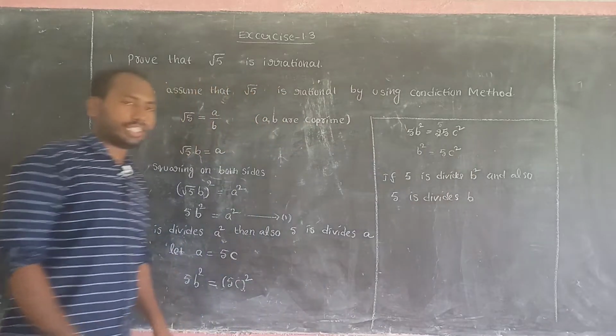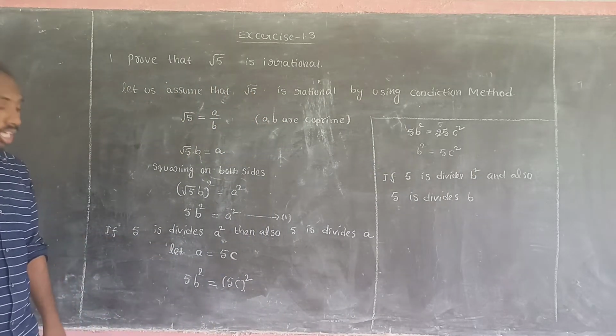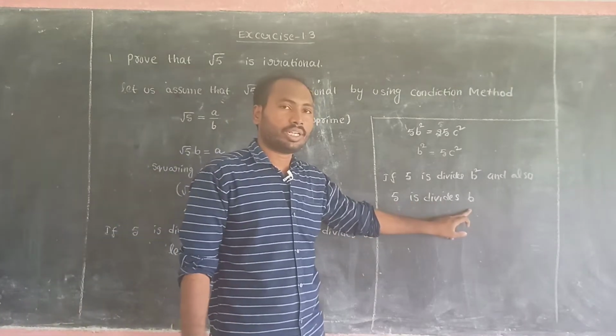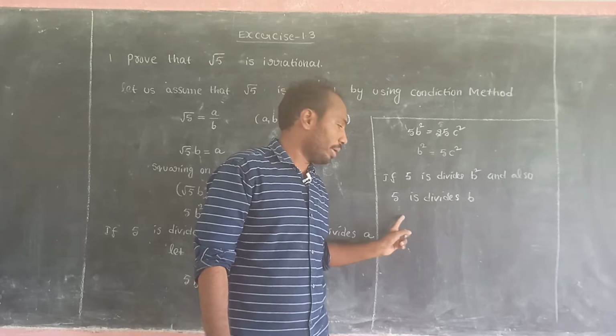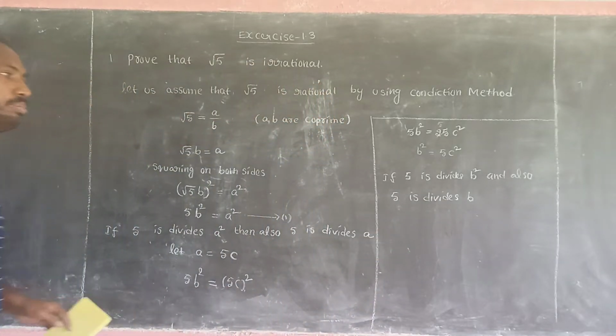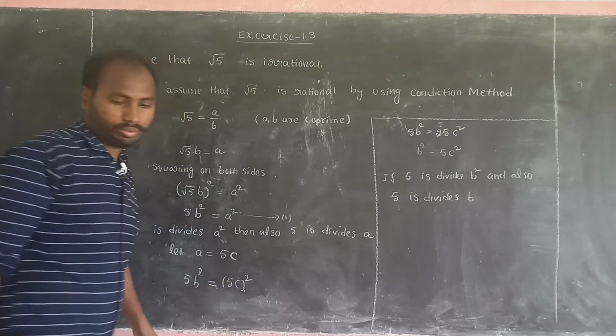What are both conditions? 5 is common to both a and b. 5 divides a, 5 divides b. What is the common number? The common number is 5. 5 is a common factor in both a and b. Okay, write down.